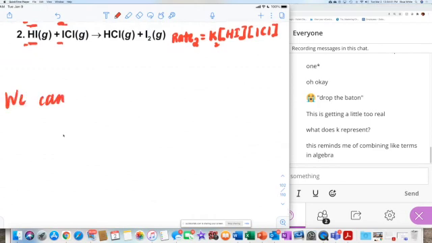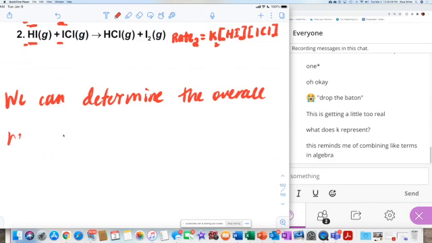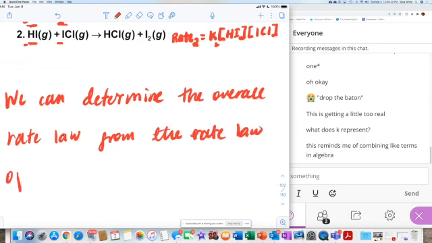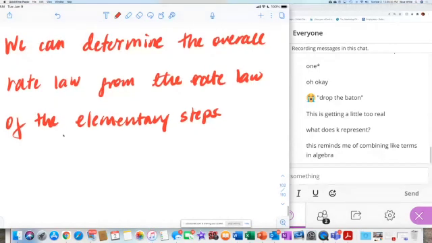We can determine the overall rate law from the rate law of the elementary steps. We just need one more thing though.